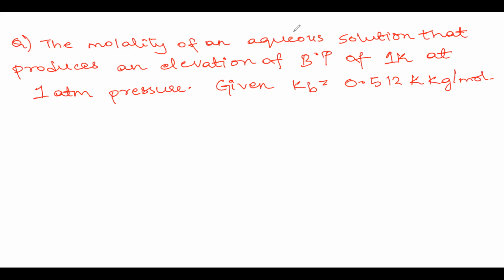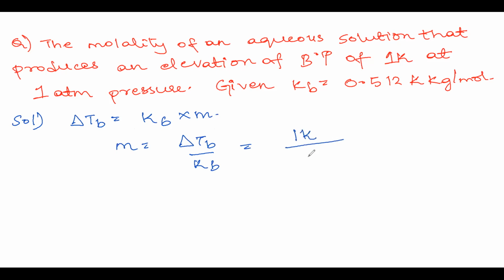So we already know delta Tb is given as 1 Kelvin. Delta Tb is equal to Kb into m, which implies m is equal to delta Tb by Kb, since they are asking molality only. So 1 divided by 0.512 is coming around 1.95.